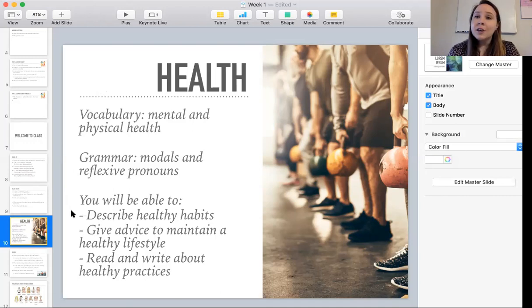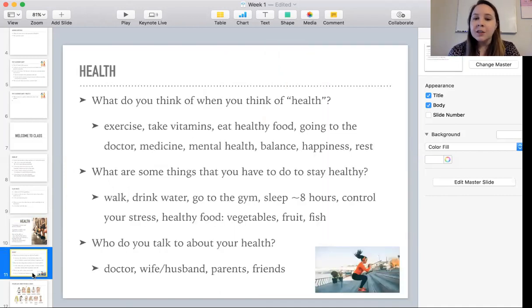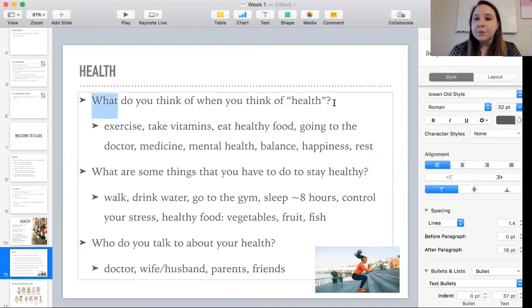So let's start looking at what health means. We talked about this in class, so let me just share some of the things that we talked about. One of the questions we asked was, what do you think of when you think of the word health? A few things that people talked about were things like exercise, eating healthy food, going to the doctor, things that you would use to stay healthy.